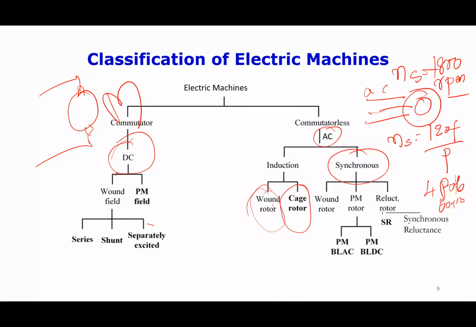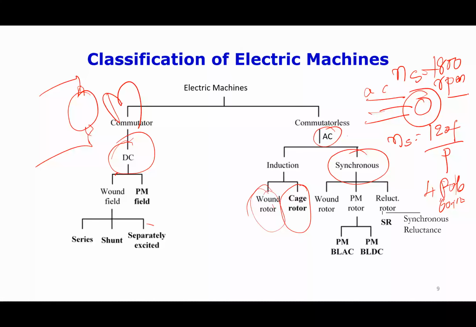In an asynchronous motor, for example an induction motor, the rotor always runs below the synchronous speed. So it can be 1710 RPM or 1750 RPM, depending on the load or the slip. In the synchronous motors, we have the wound field motor, permanent magnet motor, and also reluctance motor.